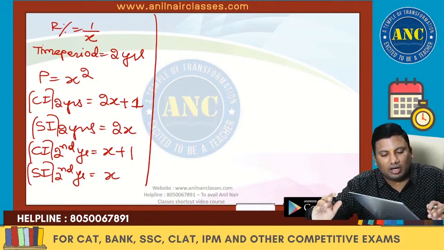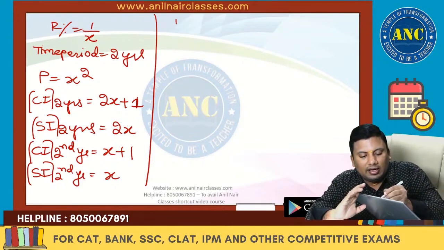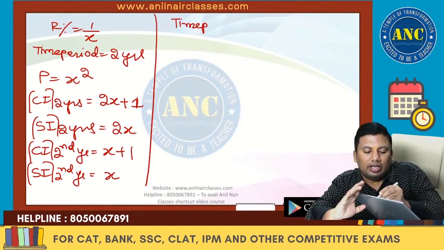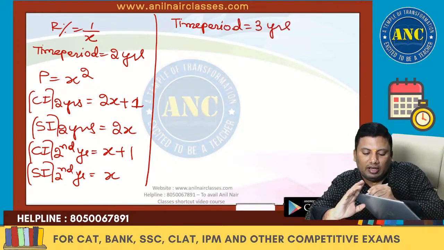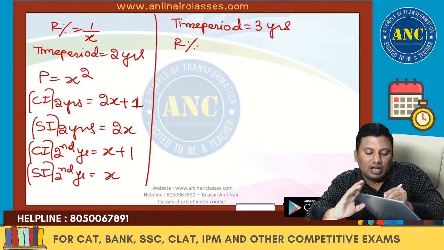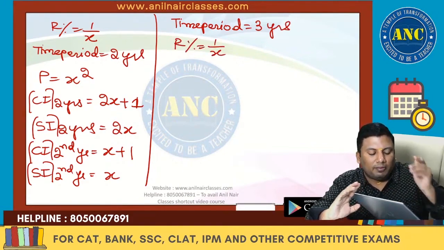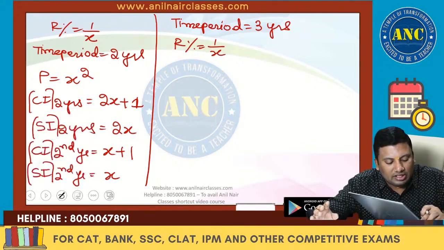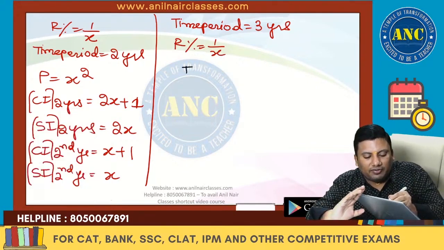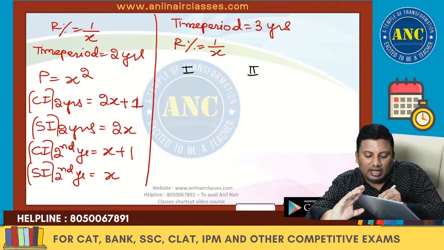Now we will see time period equivalent to 3 years. If the time period is 3 years, R percentage is 1 by x. There is first year, second year, and third year.